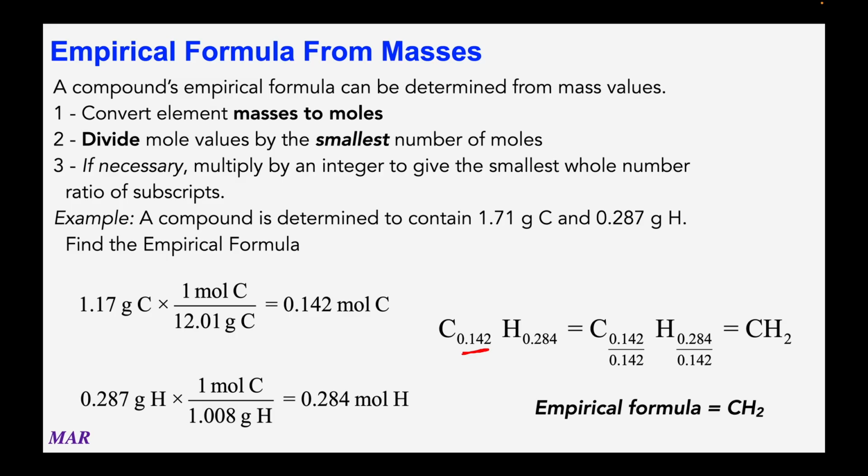So we have 1 carbon, 2 hydrogens. The empirical formula of this molecule is CH2, and that's kind of cool. Now, it's not the final molecular formula. We'll talk about that in a little bit. But if you have the masses, you can easily find the empirical formula: grams to moles, compare them, and if you need to multiply by something, do that.